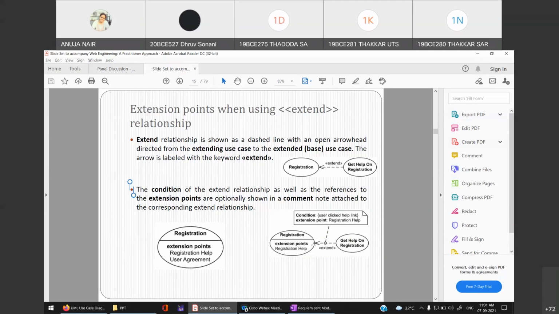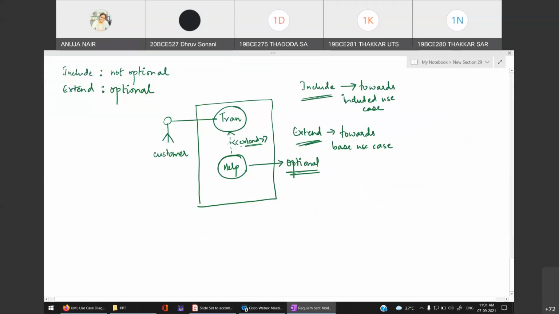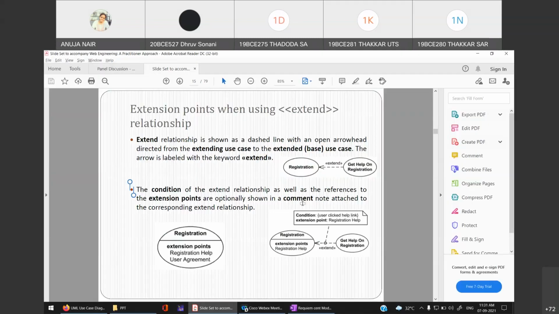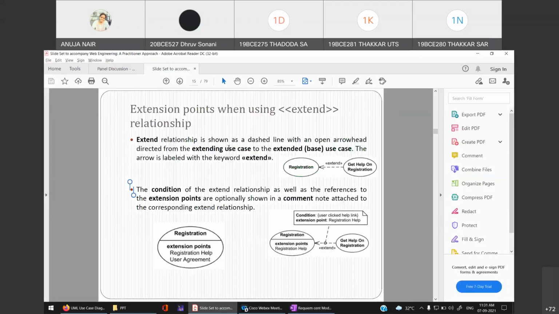Now, what is this extension point? Its notation would be something like this. You have to put a circle in between on the extend relationship, and then put a dotted line and make a rectangle kind of structure. What you have to write over here is the condition. This condition shows on what condition I will use get help on registration.